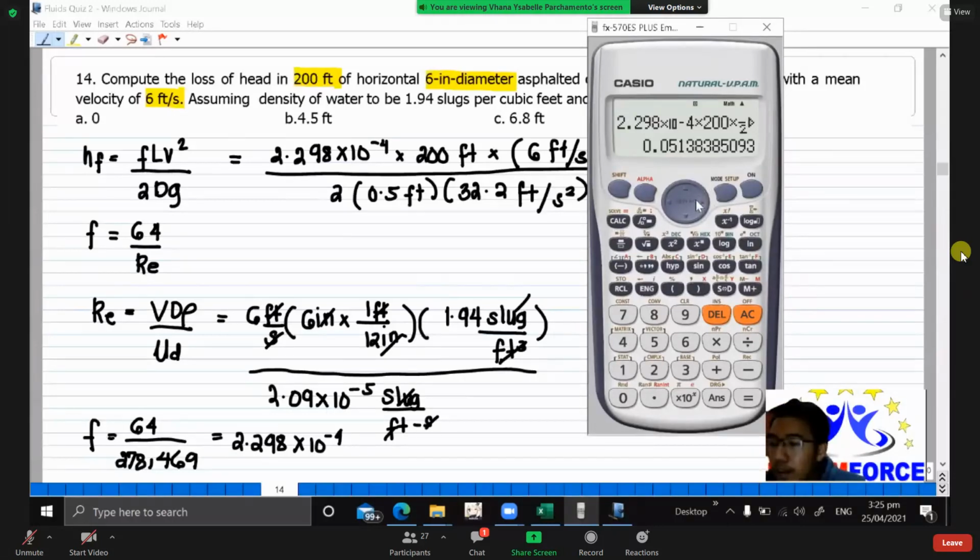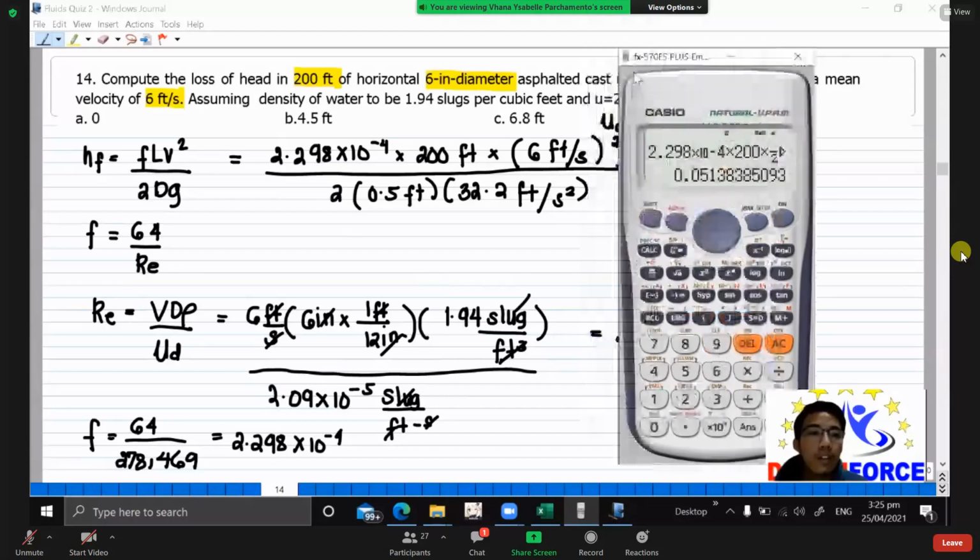FL, you have V squared over 2, diameter 0.5, then 32.2. Okay, mali natin.